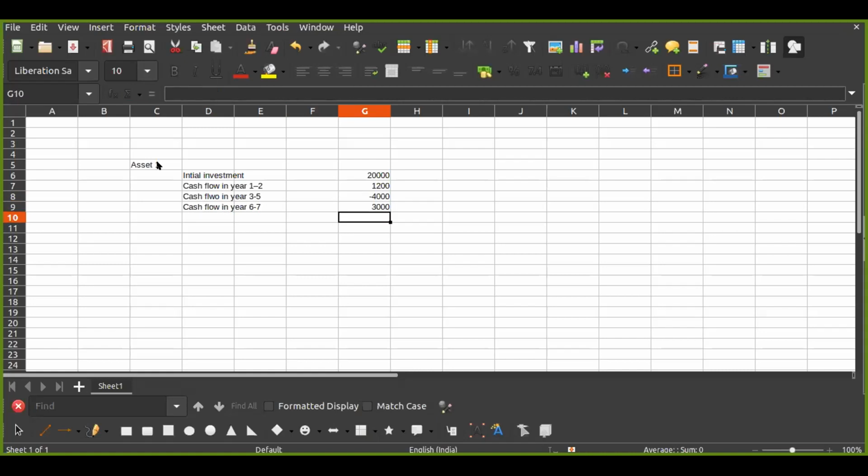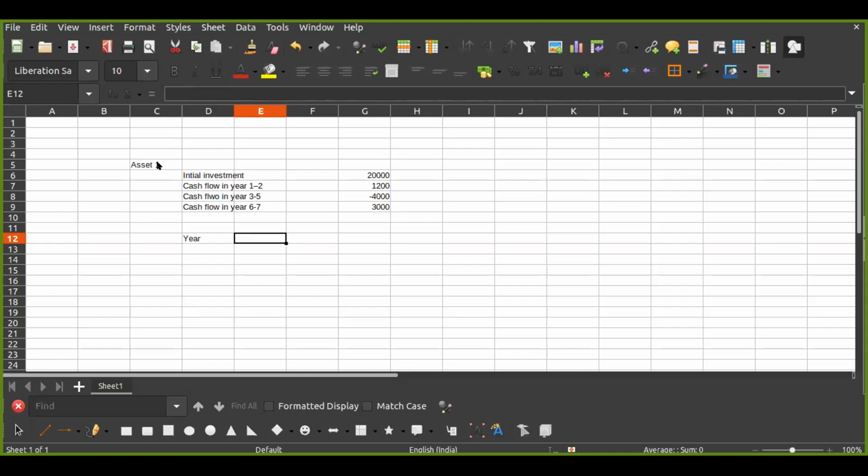We have the investment of 20,000, and there are also cash flows from different years like 1, 2, and 3, 5, and 6, 7. So let's find the NPV for this investment and the cash flows.